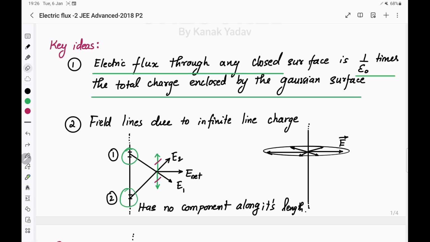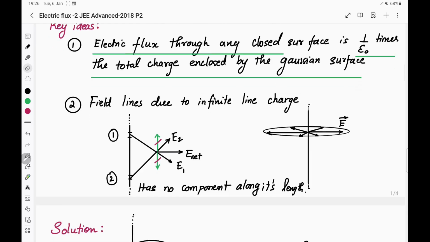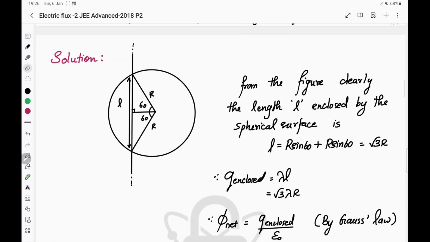So the electric field lines due to infinite line charge go radially outward and they spread out in a cylindrical fashion. Okay. So these are the important two key ideas that we need to solve this particular question. Now let us dive into the solution.